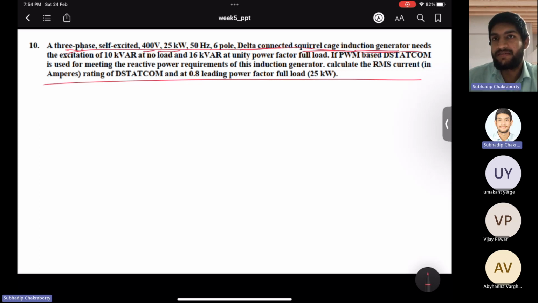But it cannot build up the voltage till it is supplied with some external reactive power. Who will do that? Anyone? Who will supply the reactive power in this case to meet the excitation requirement of the induction generator? The DSTATCOM, right? Agreed? Student: Yes, sir.